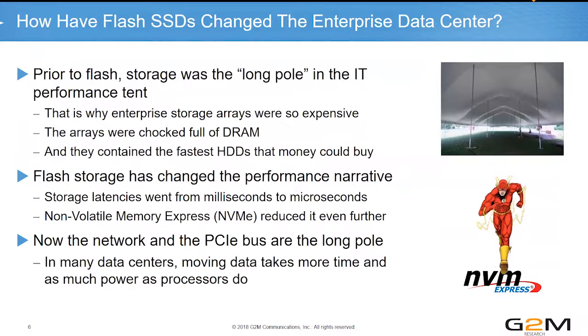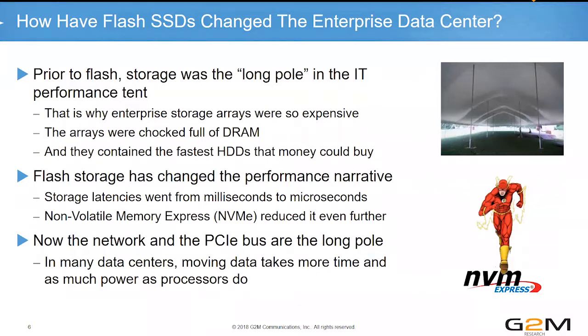If you think about 10 years ago, prior to flash really becoming mainstream, storage systems, both local storage and network storage in the form of centralized arrays, were always a long pole in IT performance, right? Enterprise storage arrays 10 years ago, the big EMC boxes and things like that, always had tons of RAM.